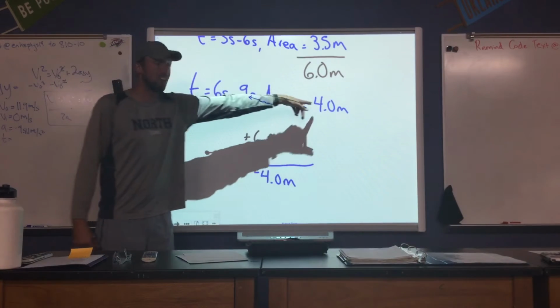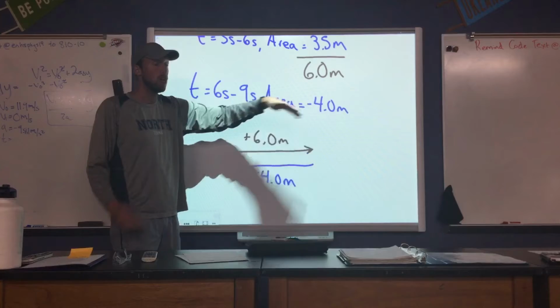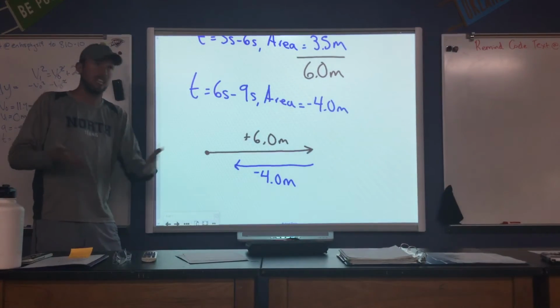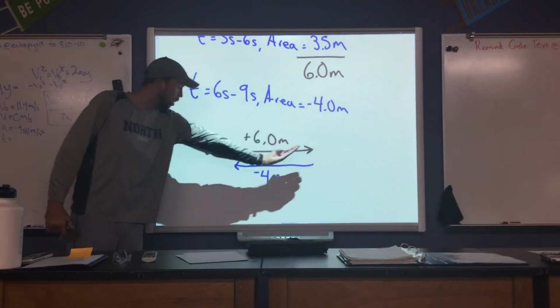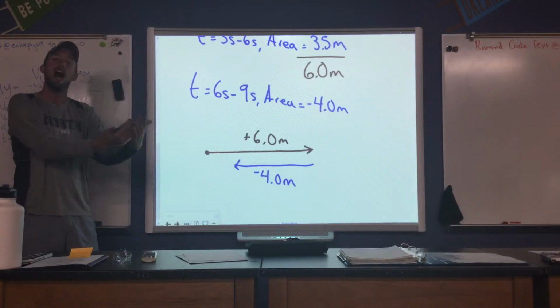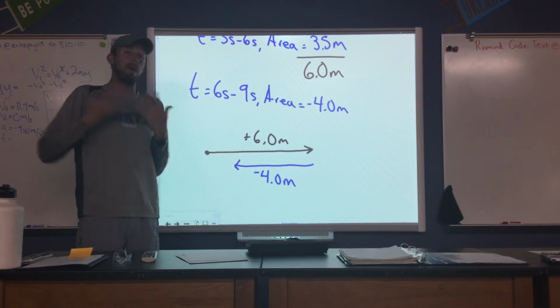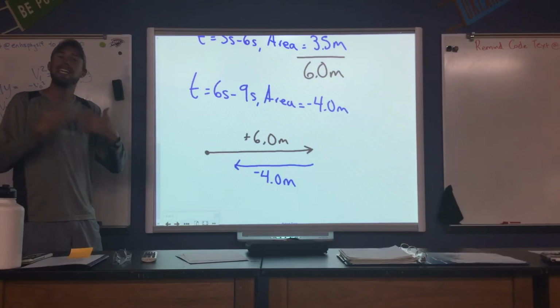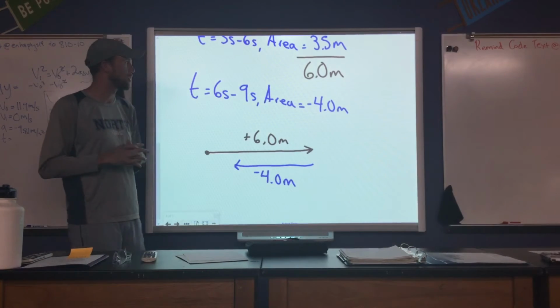So if my area in the negative direction was -6, or even something greater than that, -7, -8, -9, as long as I travel a greater distance in the negative direction than the positive, I would hit my initial position. But because I only travel 4 meters back, I can't come back to my original position.